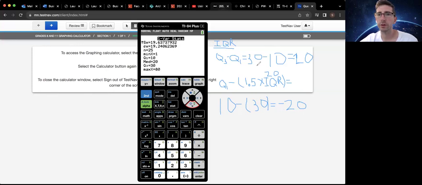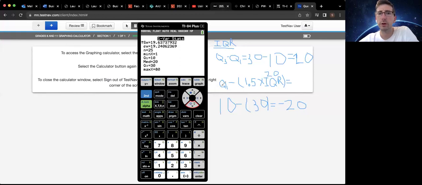If we had switched these two things, we would have done 30 minus 10, right? A bigger number minus a smaller number. We would have gotten a positive 20 here. That would be incorrect, right? We have a lot of numbers less than positive 20, but those numbers are not lower outliers, right? So the order of this formula is very important.